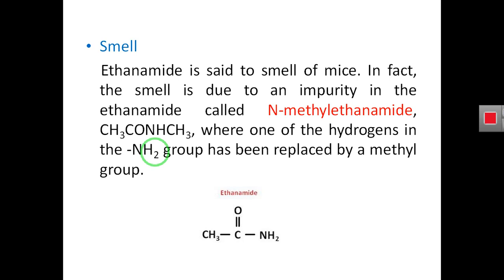It is something added to the ethanamide molecule that would not be necessary, but it adds to the parent molecule and transforms it from ethanamide to N-methyl ethanamide, and this N-methyl ethanamide has a characteristic mousy smell.